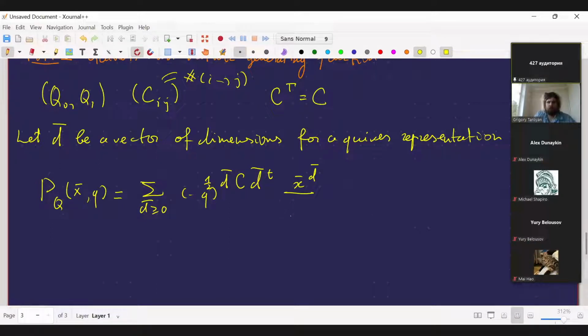When I write a vector to the power of another integer vector, it just means that we take a product with respective powers of the entries of this vector.